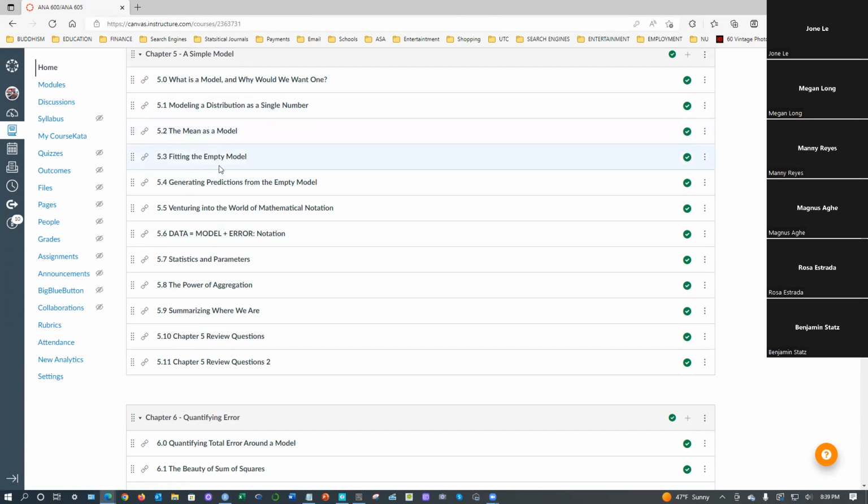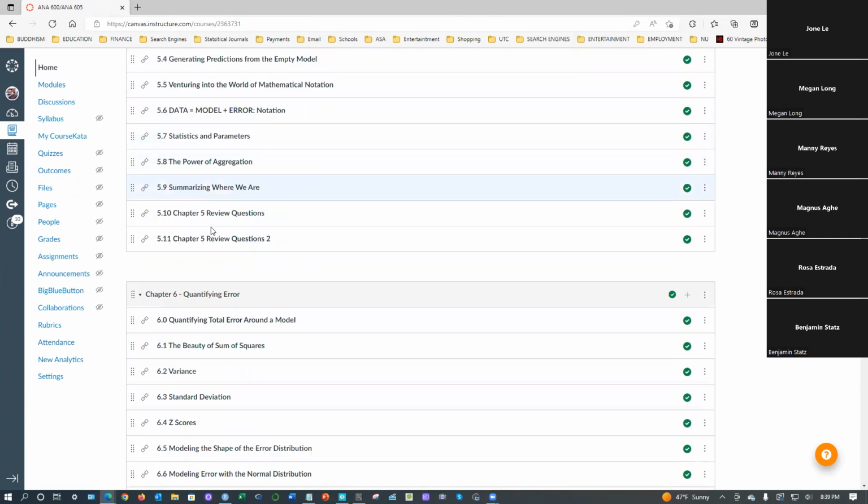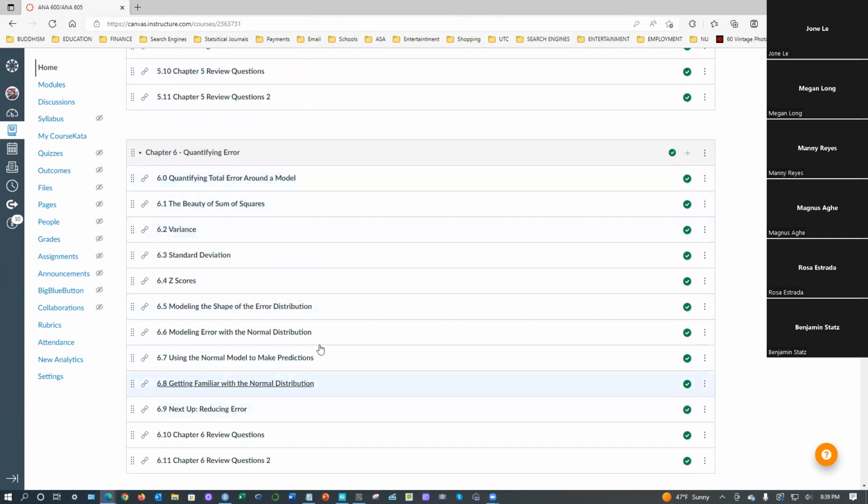Then we talked about all its properties and characteristics, how we quantify error and all the parameters.